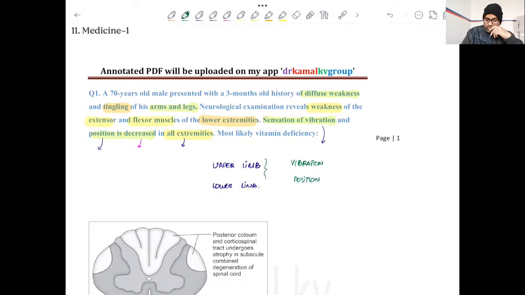Now if we know a little bit about neurology, like which fibers or tract conduct these impulses, the vibration sense and the position sense are carried by the dorsal column medial lemniscal system, right? So this is the dorsal column medial lemniscal system, fine.